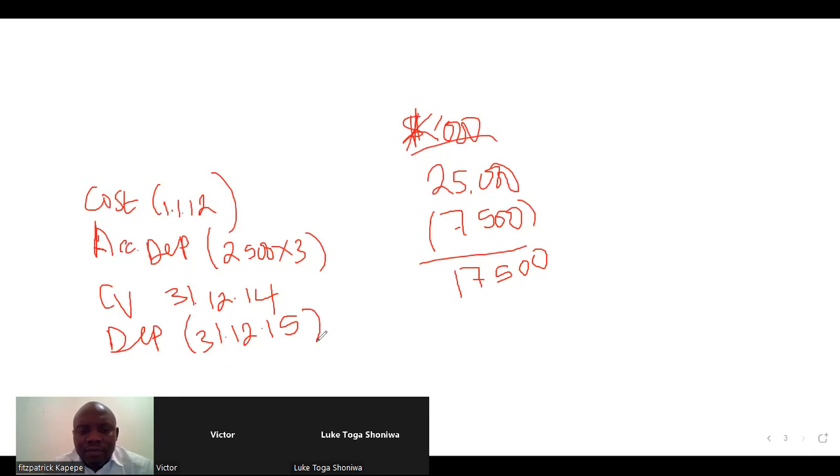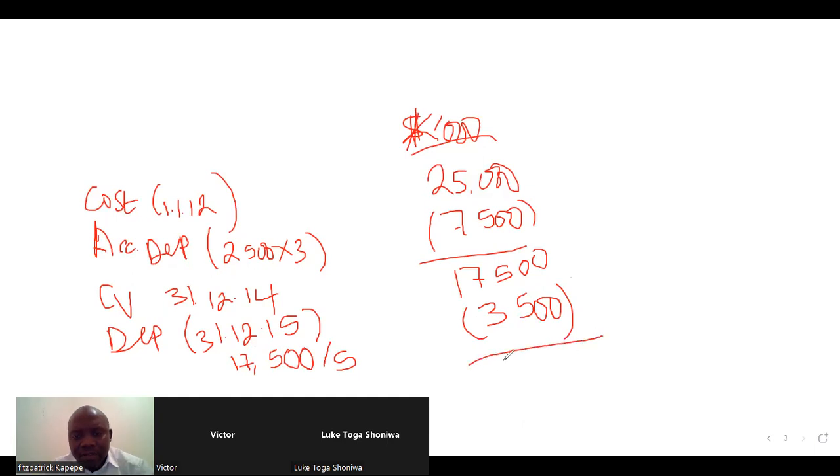It's now changed to 5, right? Yes, so 17,500 divided by 5. How much do you get? 3,500, which gives us 14,000 or 14 million.